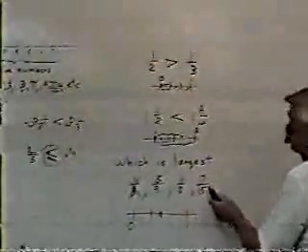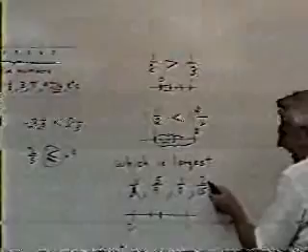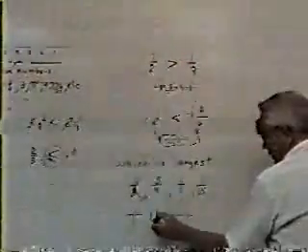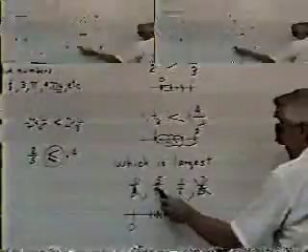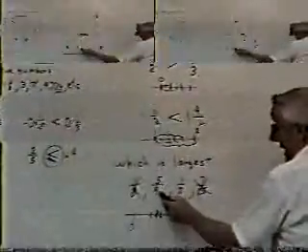Now, 7/15. What is halfway of 15? 7 1/2. So this 7 over 15 is less than 1/2. So that's out. Now 5/9. 5/9, well, 4 1/2 is half of 9.